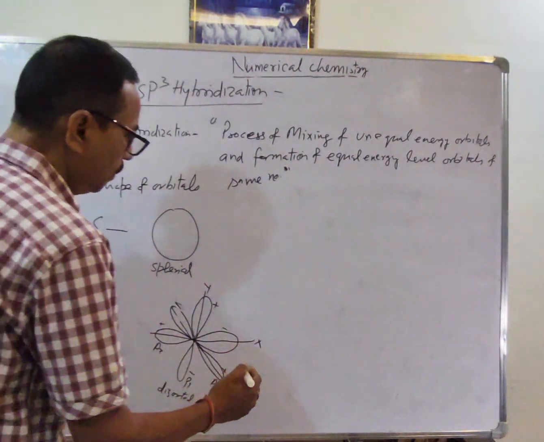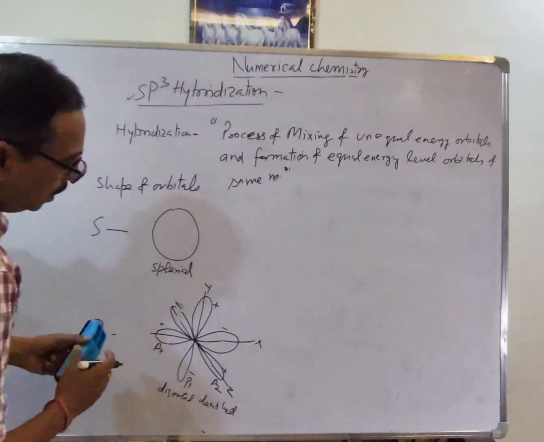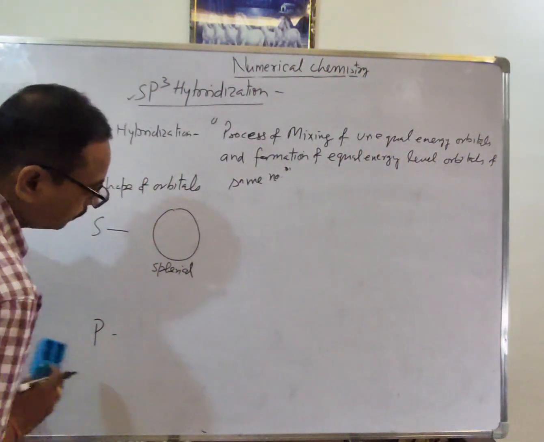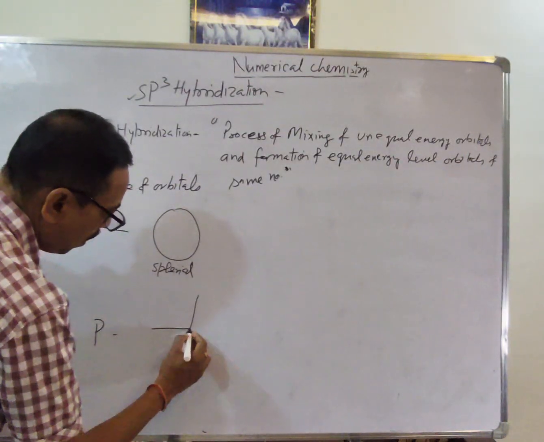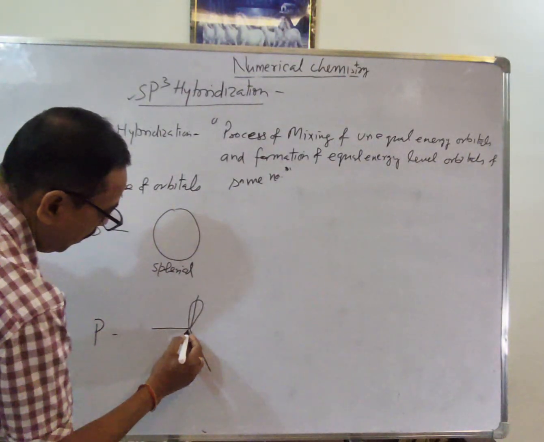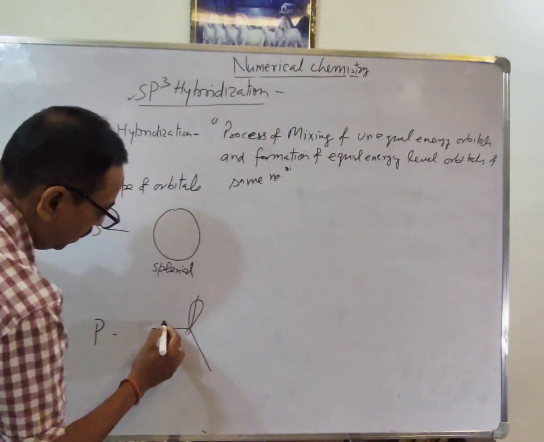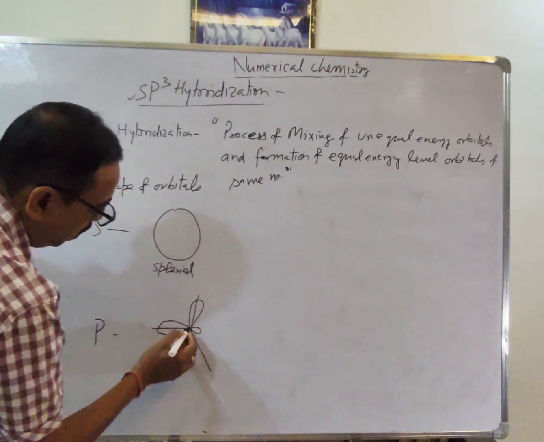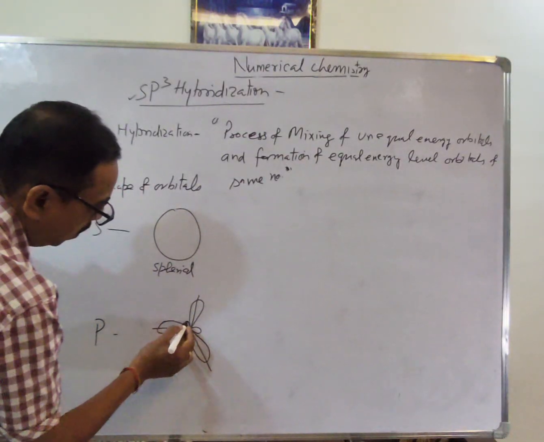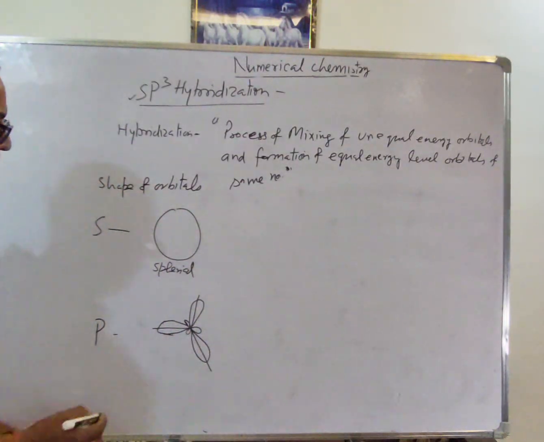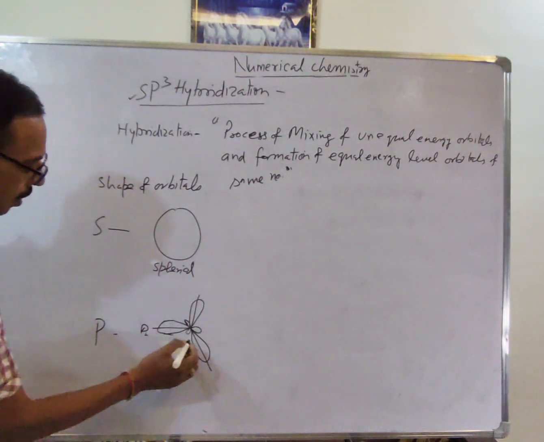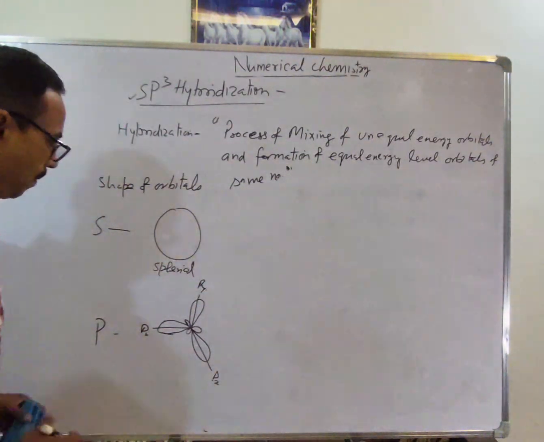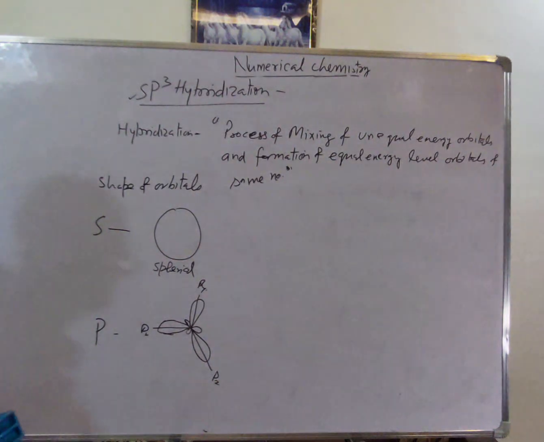So in short, we see it simply in three dimensions. On the opposite side we see the small lobe, but it is equal inside. So this is px, py and pz, the shape of p orbitals.